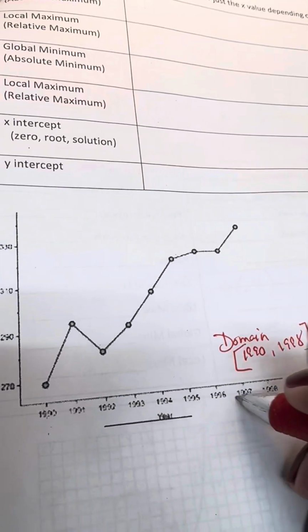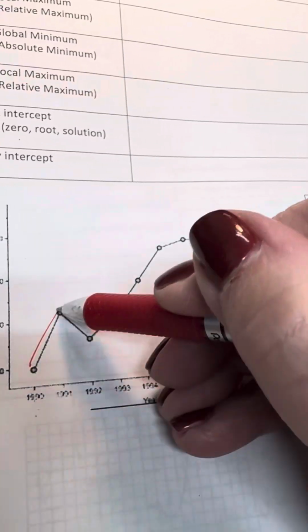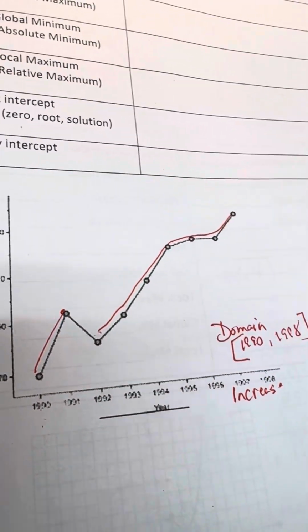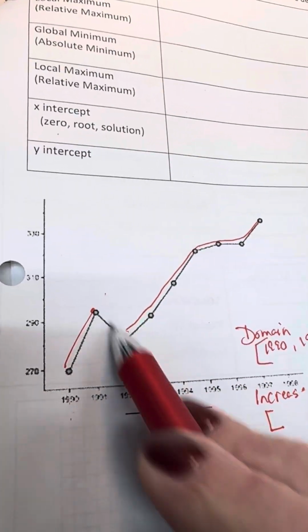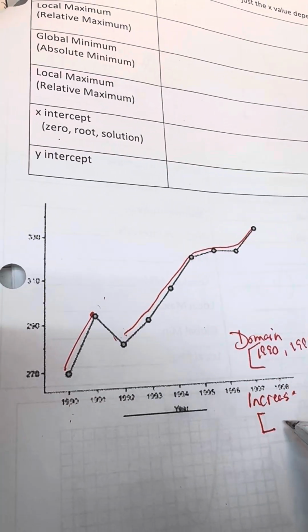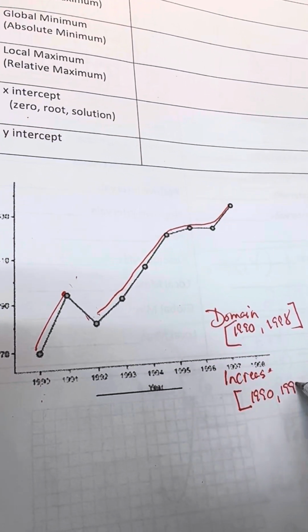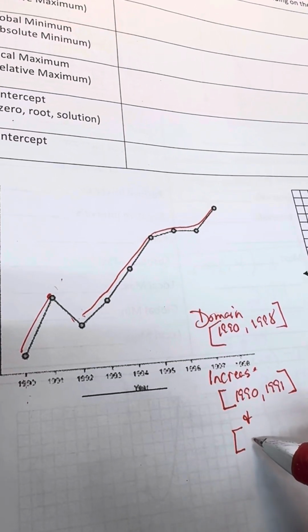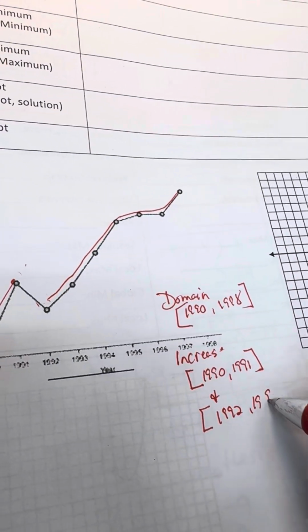The intervals of increase, what's going up most of the time? So we have two intervals, because there's a gap there in the middle between 1990 and 1991, and between 1992 to 1998.